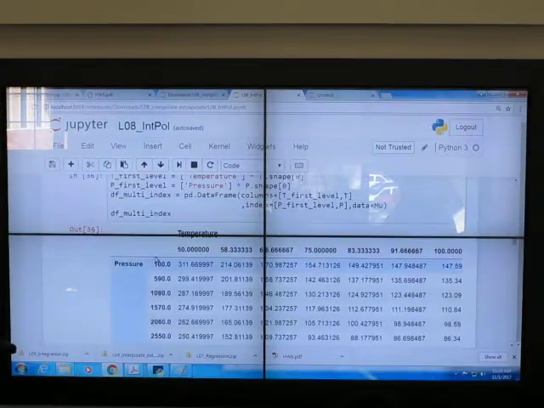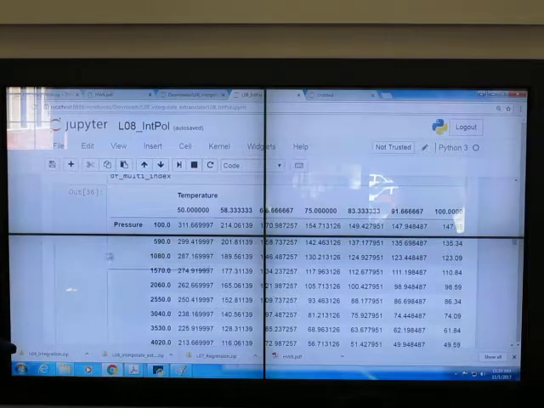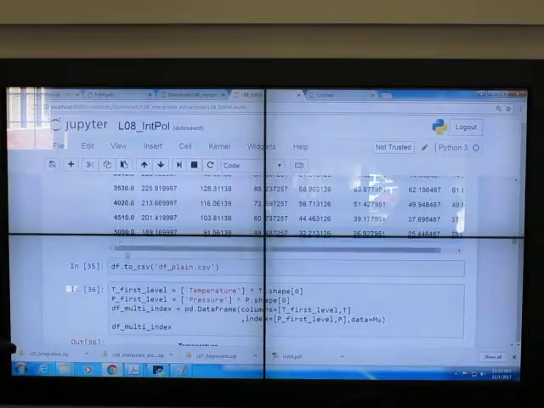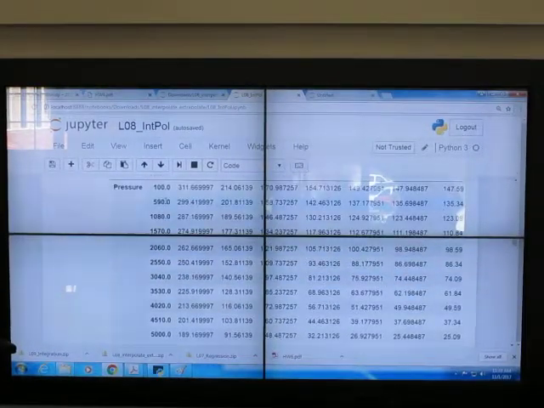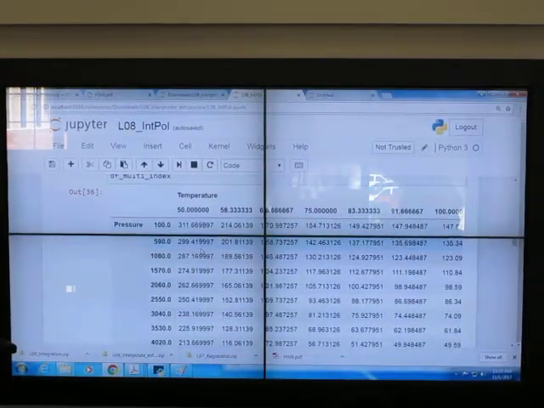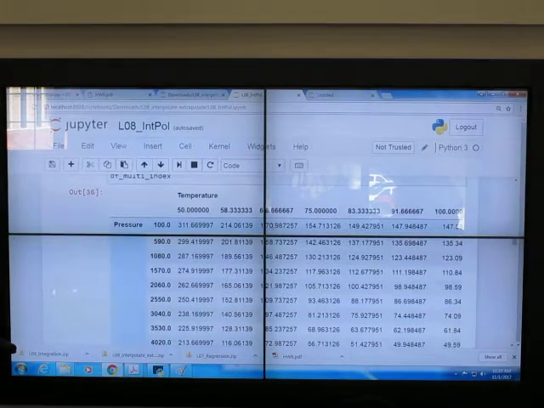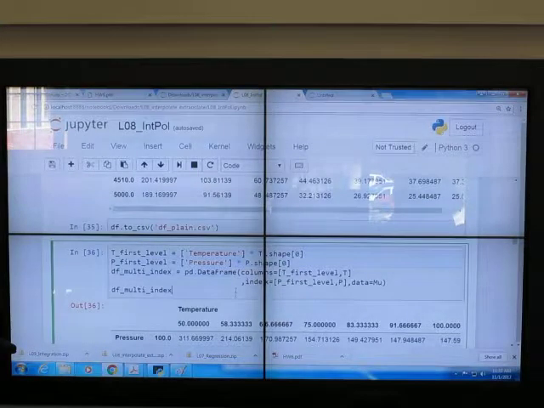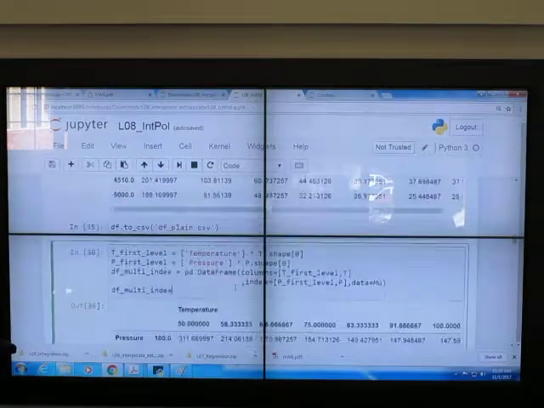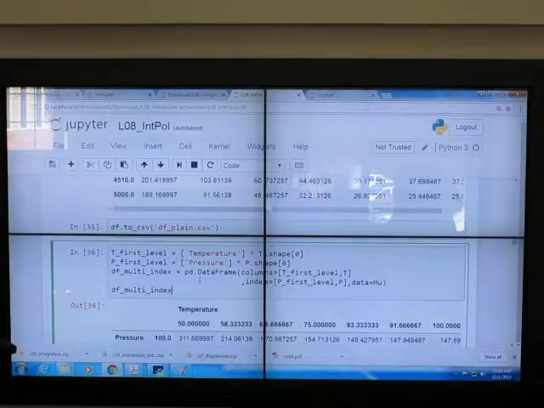So to do 2D interpolation, now I generate my Pandas data frame. The Pandas data frame has pressure, temperature, and inside is viscosity data. If you worry how to do that, read this, okay, do that. But it's difficult to just teach you quickly like this.